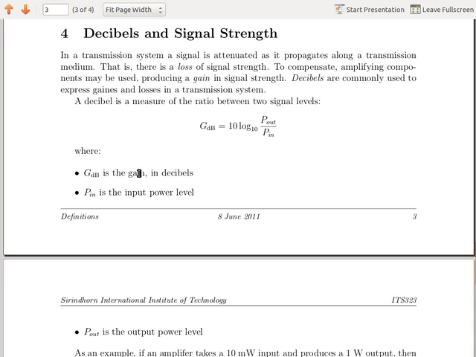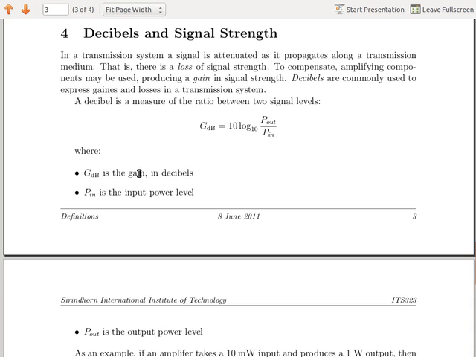If this is an amplifier and it takes a 1 watt input and amplifies our signal and produces 10 watts on output, then the output divided by input, the absolute gain, we could say, is 10. Why? Start with 1 watt, end up with 10 watts. We've multiplied by a factor of 10. That's the absolute gain of that system.